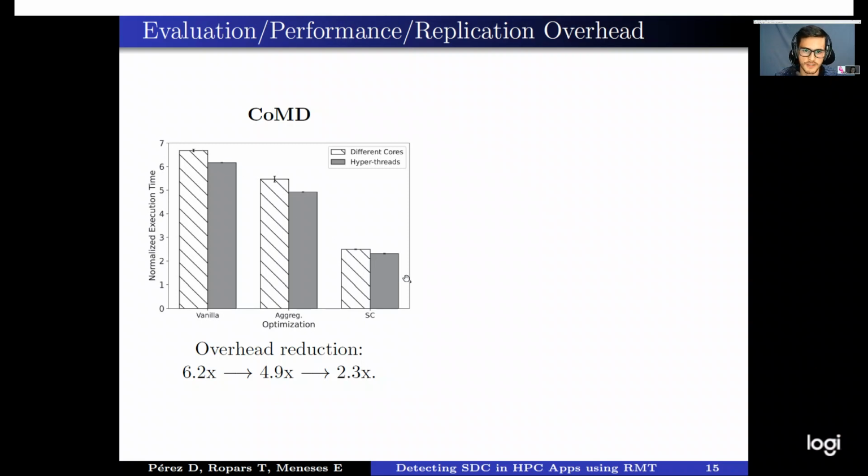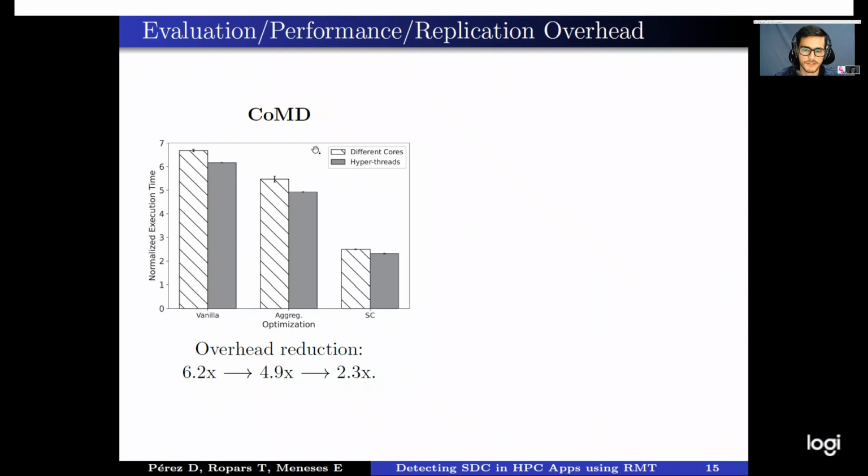As it can be seen, as we apply the next level of optimization, we are able to reduce more and more the performance overhead. And we can see that in all the cases, it is better to pin the replicated sibling threads to hyperthreads.